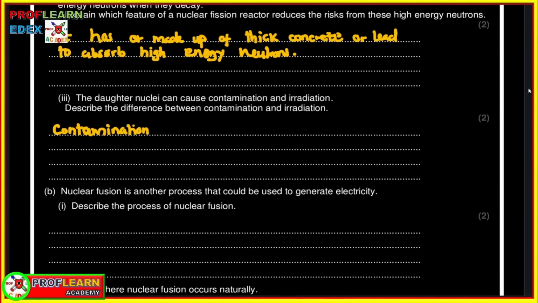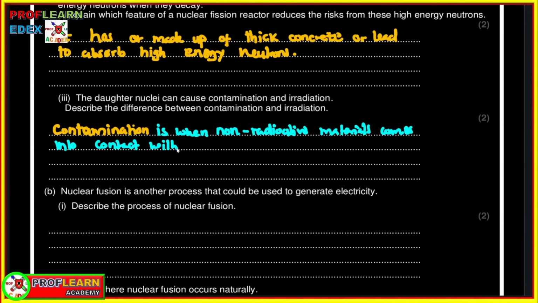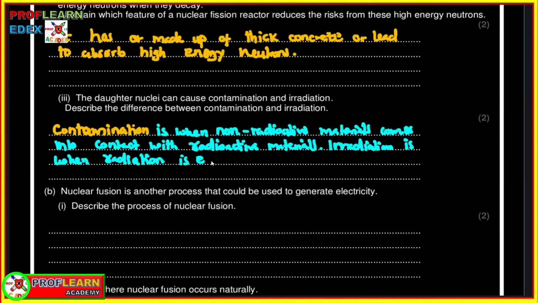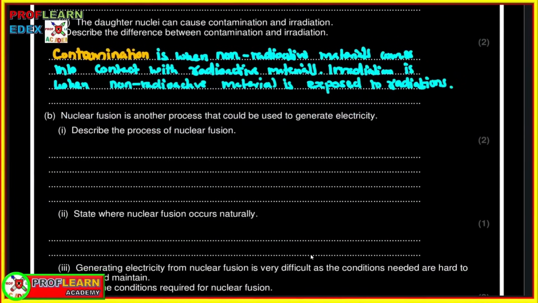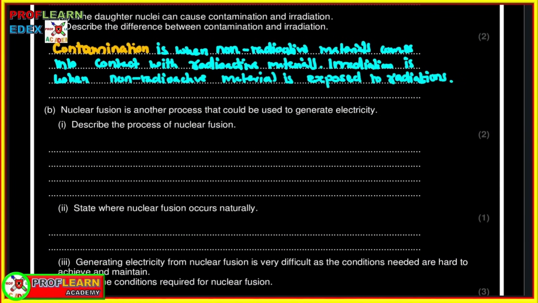We shall start with contamination. This is when a non-radioactive material comes into contact with radioactive materials. And in this case, the non-radioactive material now becomes radioactive because the particles are in that material. Irradiation is when a non-radioactive material is exposed to radiations, so that material does not become radioactive.